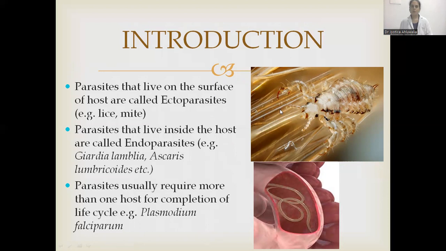Ectoparasite lice or mite, which lives on the surface of the host, and which lives inside the host, is endoparasite. It can be Ascaris lumbricoides, Giardia, or E. histolytica. The parasites usually require more than one host for completion of life cycle are the Plasmodium falciparum.